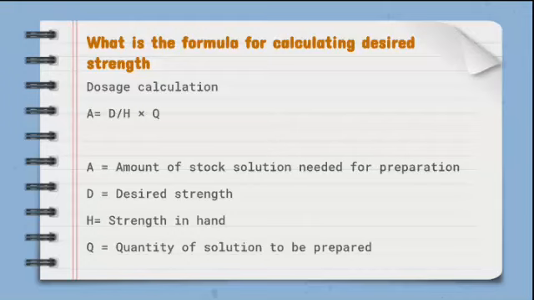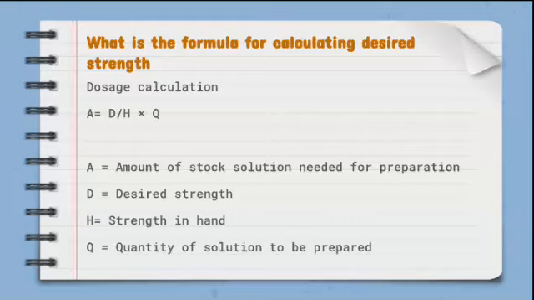So what is A? Amount of stock solution needed for preparation. D is desired strength. H is strength in hand, and Q is quantity of solution to be prepared. So when we see some questions, you will easily understand.